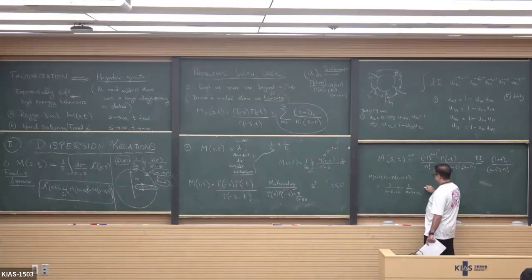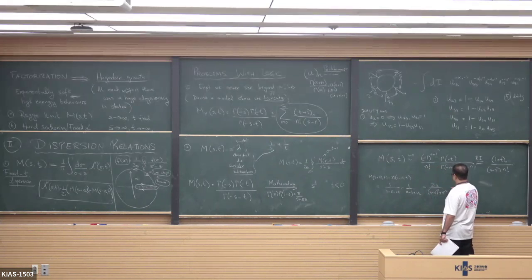And when you simplify this, this is going to be equal to 2i epsilon over (n minus s) squared plus epsilon squared. And in the limit epsilon goes to 0, this actually becomes pi times delta of n minus s.